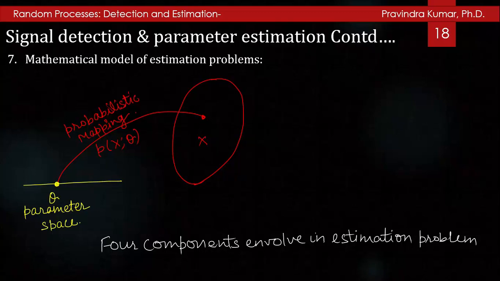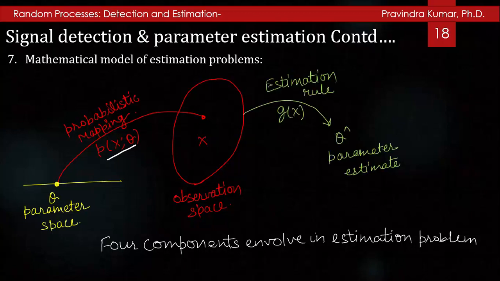This probabilistic mapping is the joint probability density function p(x, theta). And third is the observation space, which is multidimensional and belongs to either the continuous or discrete domain. And fourth is the estimation rule g(x), that is the mapping of the observation space into the estimate of the unknown parameter theta.